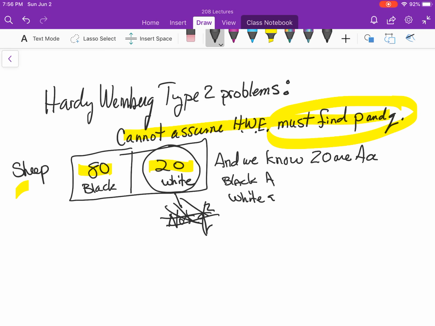So what we're going to have to do is ask ourselves the question: is this population in Hardy-Weinberg equilibrium, or is there some kind of evolutionary change occurring here? Usually they'll give us this piece of information, and here it is: 20 individuals are big A, little a.